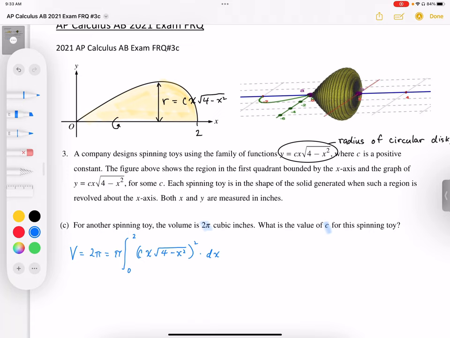And expanding this out, I'm going to end up with pi times the integral from 0 to 2 of c squared x squared, and then square root 4 minus x squared gets squared, so we just end up with 4 minus x squared. And that has thickness of dx. And so when I work out that area, I'm going to have an equation with the variable c to solve for. Then I can work out the c value based on this equation equaling 2 pi.